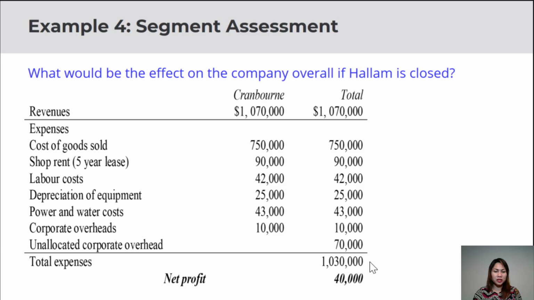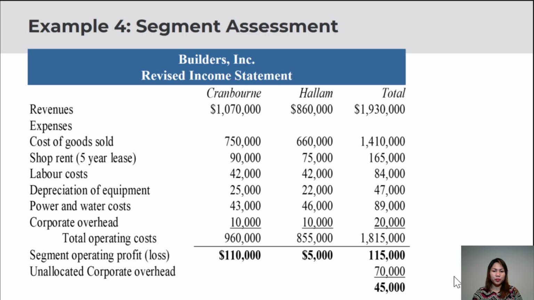Therefore, total expenses will be 1,030,000. Net profit now equals 40,000. So compared to the previous one, net profit will be reduced by 5,000 because they're losing all of the contribution from Hallam.